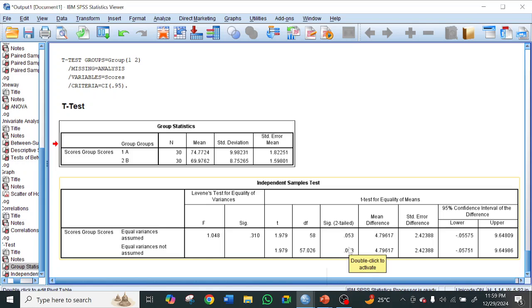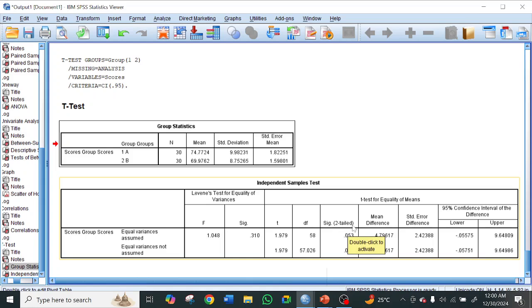That is to say, there is no significant difference between the means of the groups at the 0.05 level, the 5% level. It simply means there is not strong enough evidence to conclude that the groups differ significantly in their scores. Because 0.053 is higher than our significance level, we can't conclude that. The evidence we have now is not enough for us to make our conclusion.